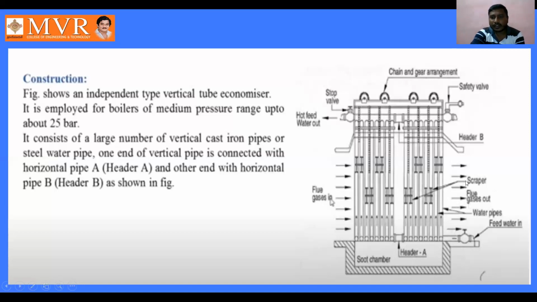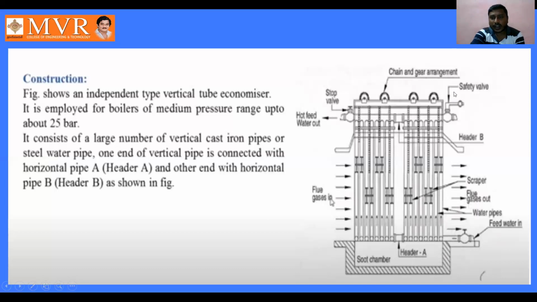We can observe here, these are scrapers, which are used for removing the scale or mud sediments in the tube itself. The flue gases come in, and go out here. These are the water pipes. In these pipes, the water is going to be circulating.